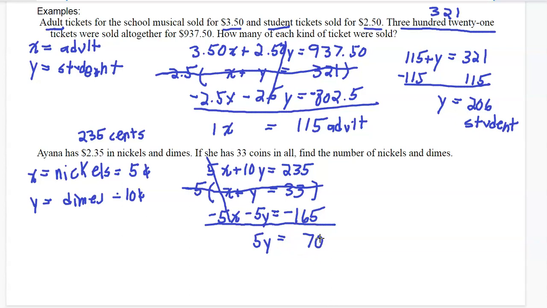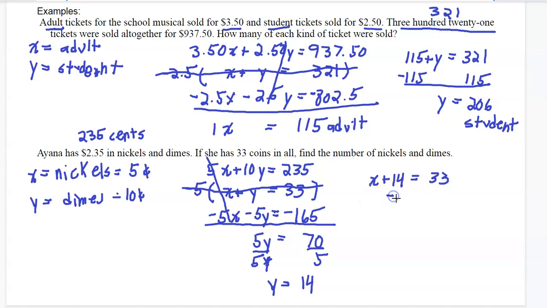Now I divide both sides here by 5. Sorry, not by y, by 5. And that gives me y equals 14. So y equals 14. I can use that second equation here. I can say that x plus 14 equals 33.